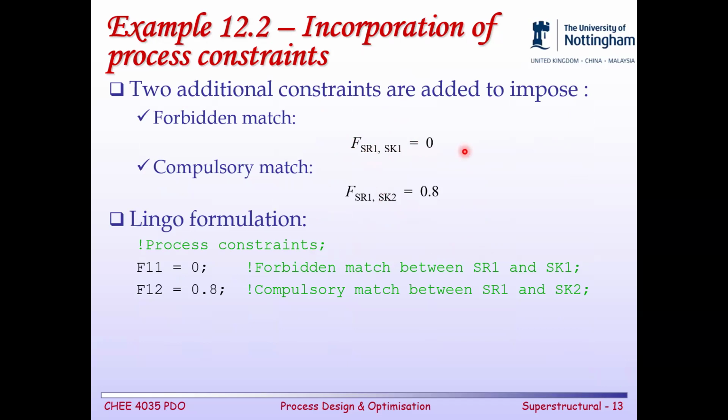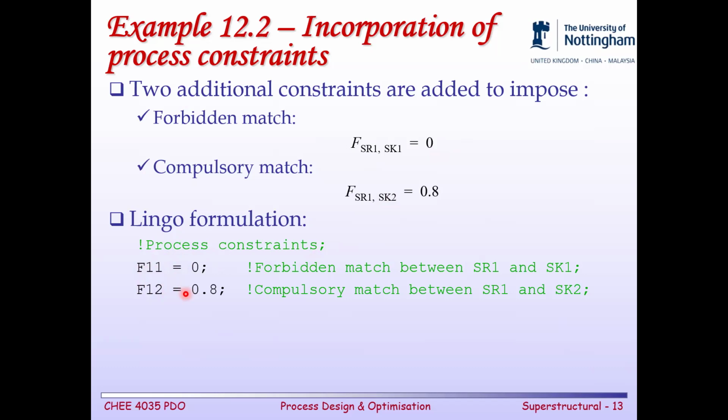If you're not using sets, you can directly use this constraint F11, F12. If you're using sets, then you have to determine the variable name assigned by Lingo. And you can do that in the generate model under the options tab.